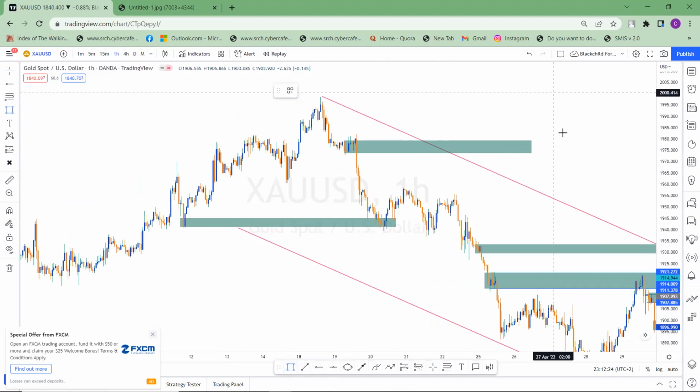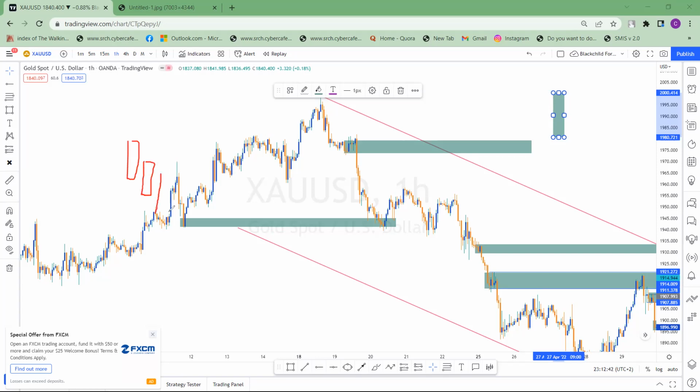Let me give an example of this. Let's say you're going down, you're pushing down. This is a bearish candle, bearish candle, bearish candle. And then within the bearish candles, there'll always be this green candle.